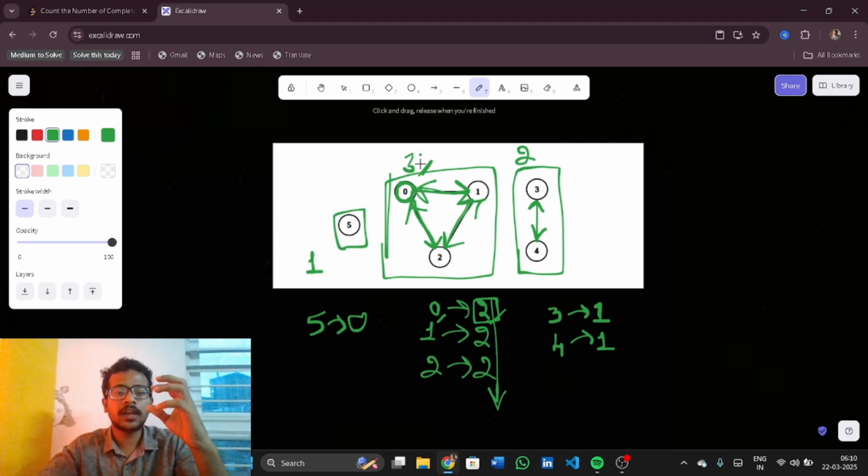If I have k vertices, this vertex should be connected with all the other vertices. So I initially have k vertices, and when I consider one vertex, it should be connected with all the other vertices. So what is the number of all the other vertices?